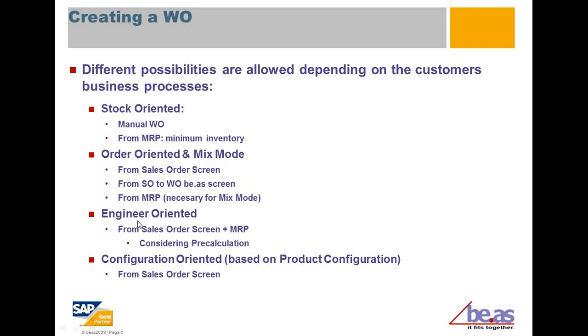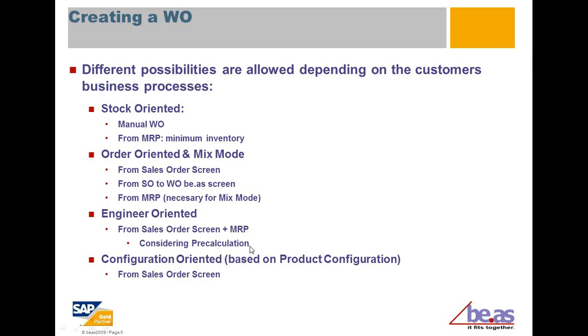When we talk about engineer-to-order, or engineer-oriented approach for production, then normally you will create the first work order from the sales order screen once you did a pre-calculation directly, could be in the quotation, but at the end it will be related with the sales order.